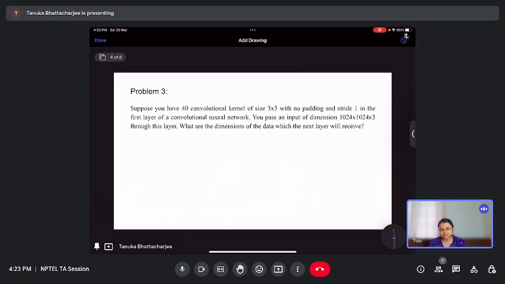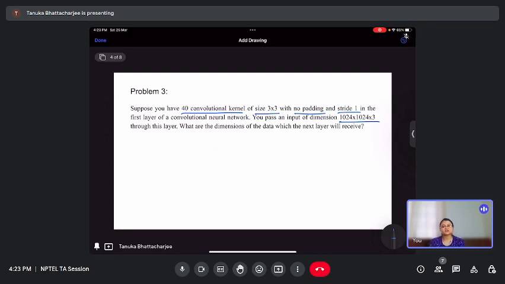Here it is said that suppose you have 40 convolutional kernels, each of size 3 cross 3, and you are doing no padding and your stride is 1. This is the first layer of the convolutional neural network. Now, you pass an input of dimension 1024 cross 1024 cross 3. For example, you can think this is a color image, so the 3 channels are the RGB channels.